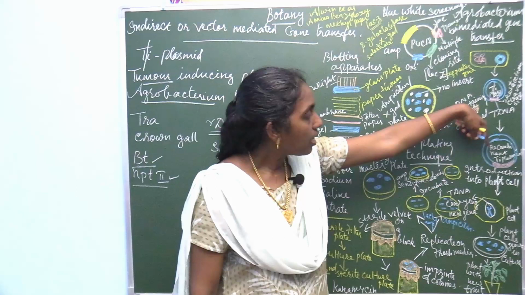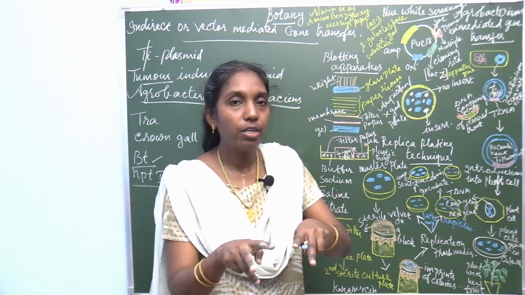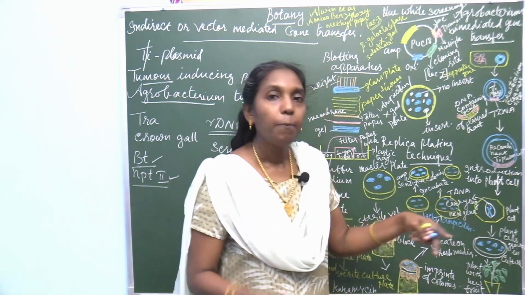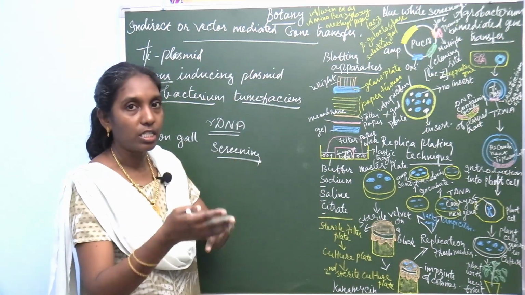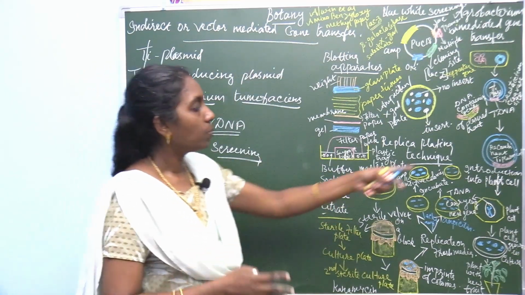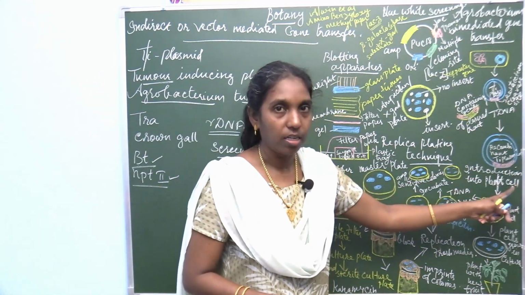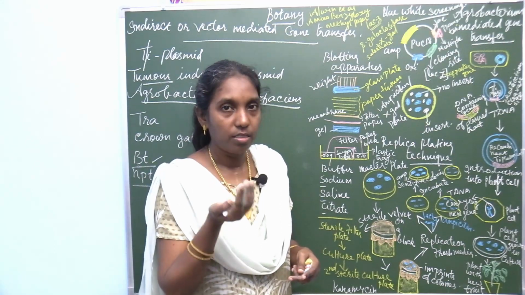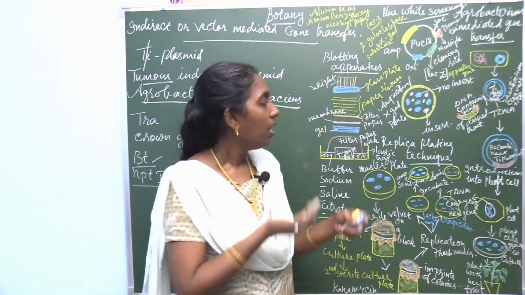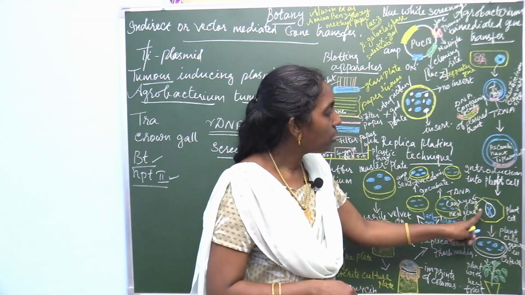Now this Ti plasmid is introduced into the plant cell. Here the method is vector mediated gene transfer. This plasmid acts as a vector or cloning vehicle which carries the recombinant DNA and introduces it into the plant cell.